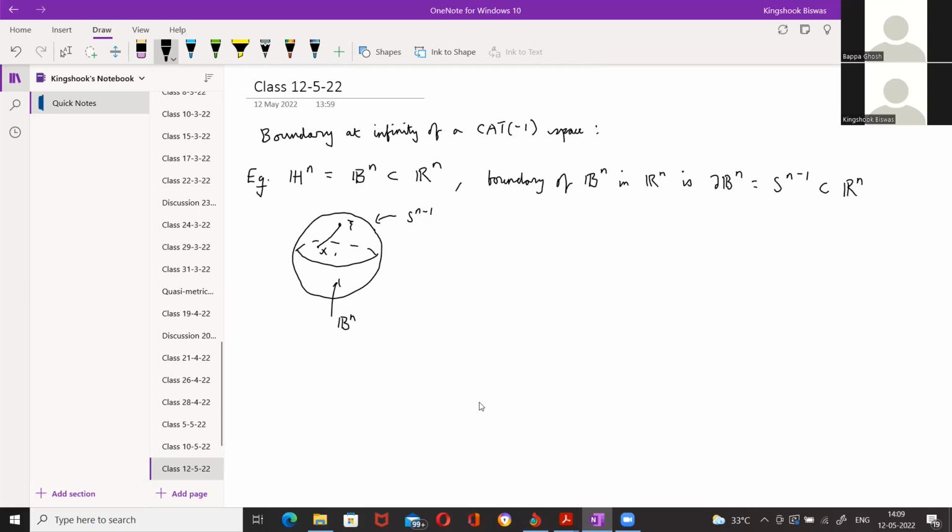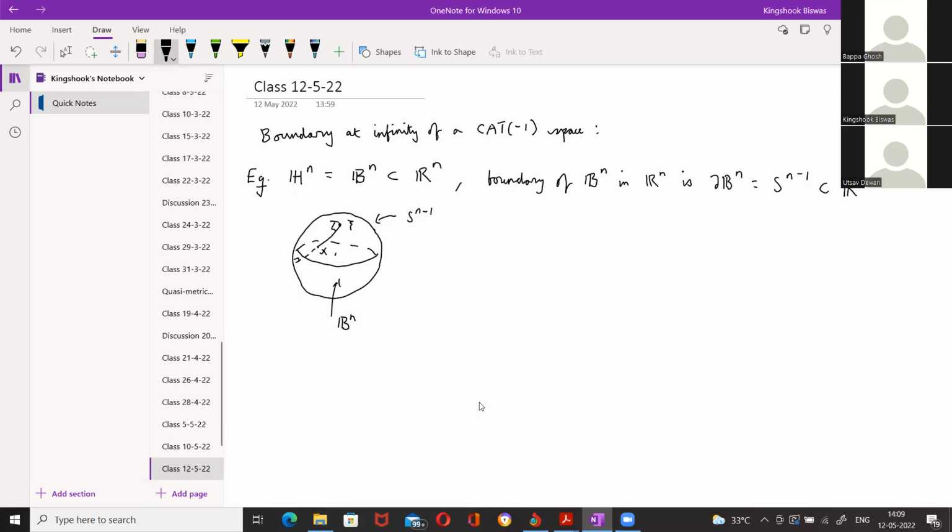What will this ray be? Remember what geodesics in the ball are. They're arcs of circles which are perpendicular to the boundary, right? So here this will be an arc of circle which passes through x and xi and is perpendicular to the boundary, right? Yes?